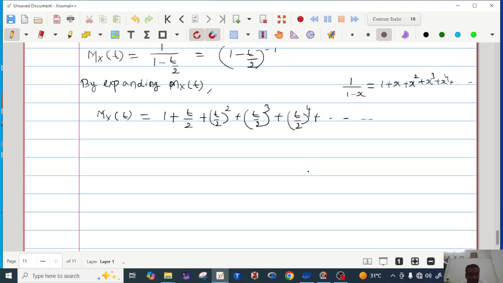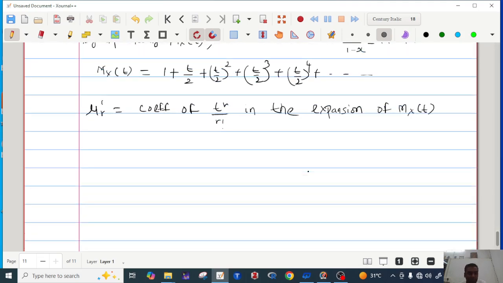The concept is, after expanding M_X(t), mu r dash is nothing but the coefficient of t raised to r upon r factorial in the expansion of M_X(t). Mu1 dash is what?